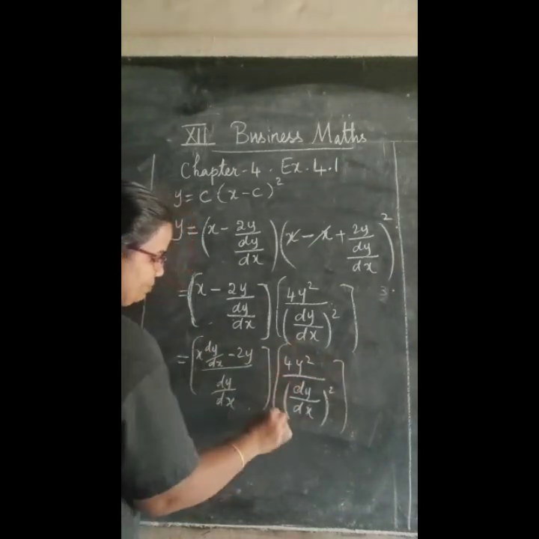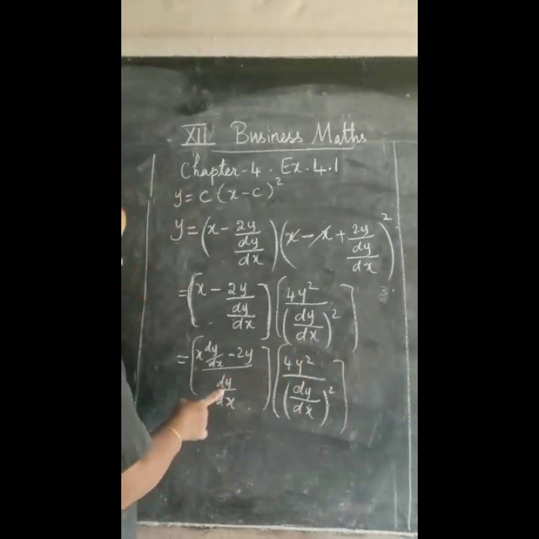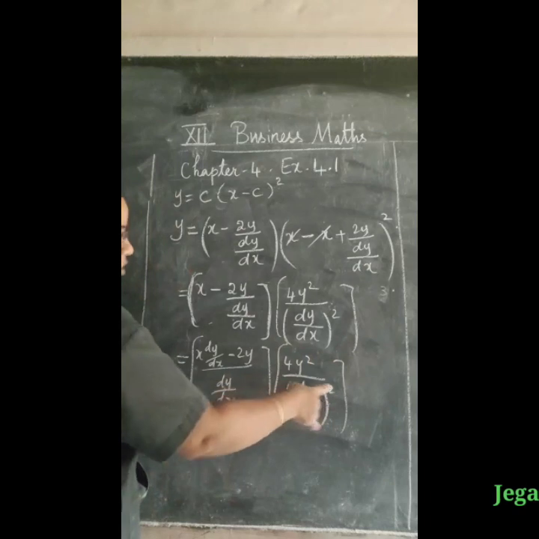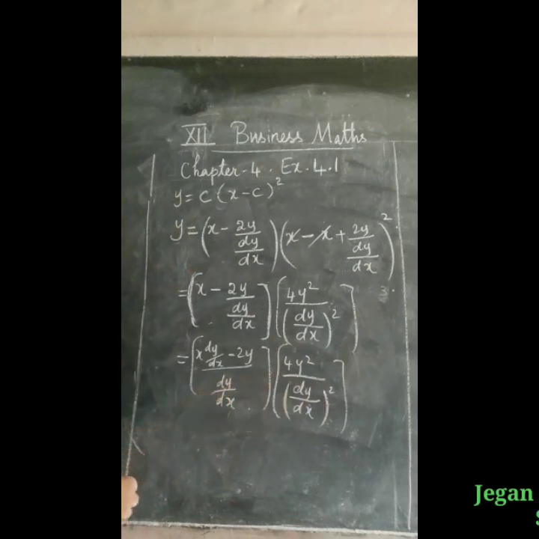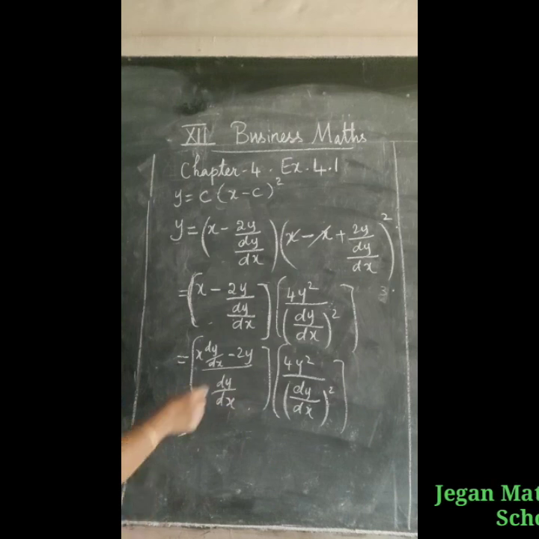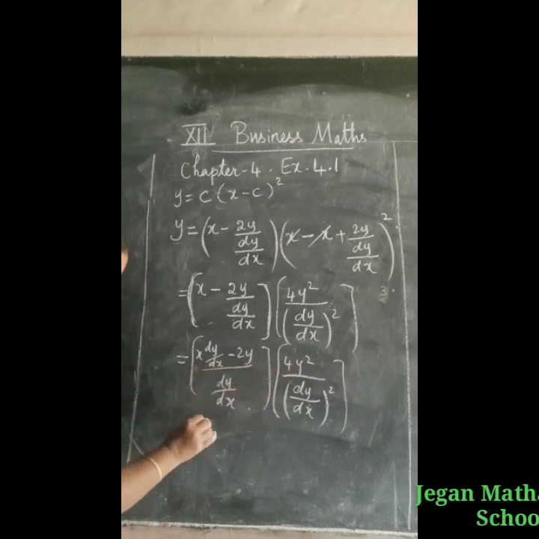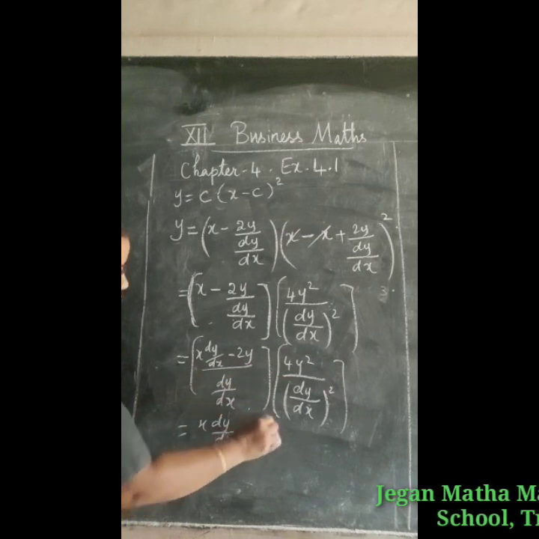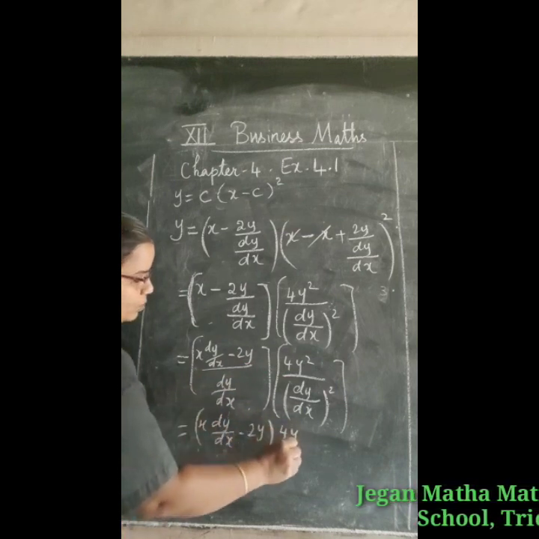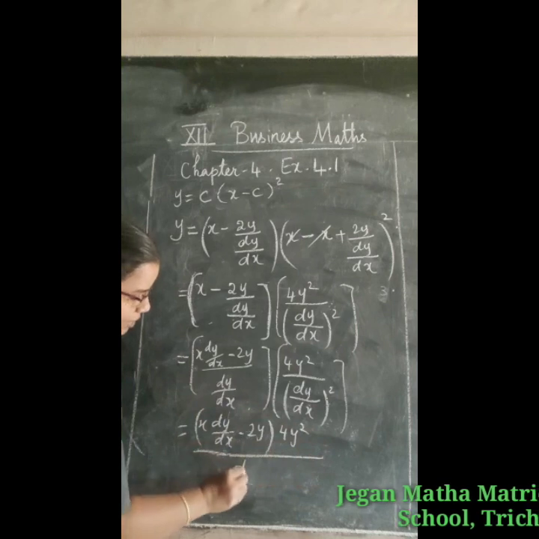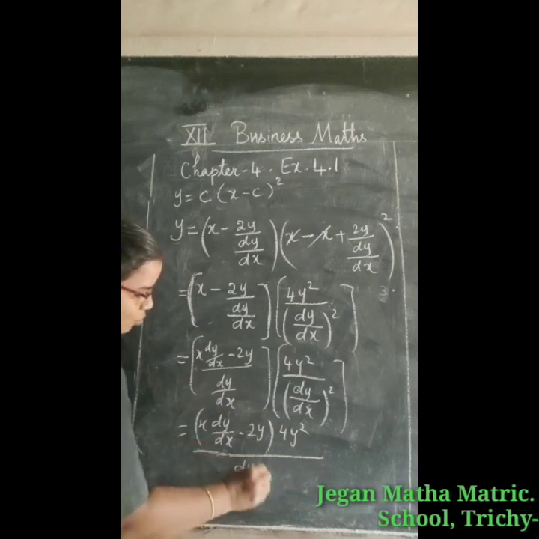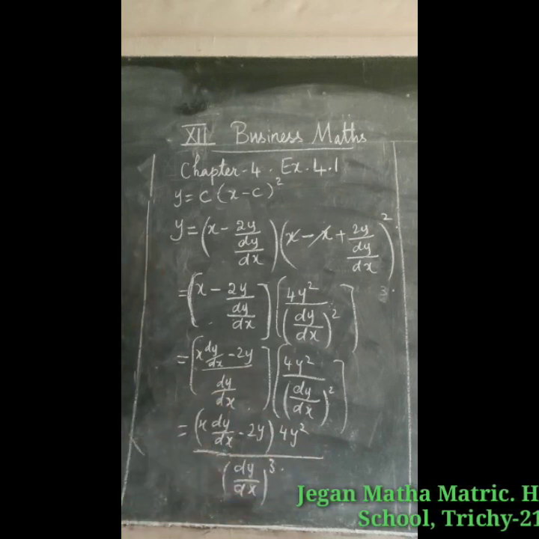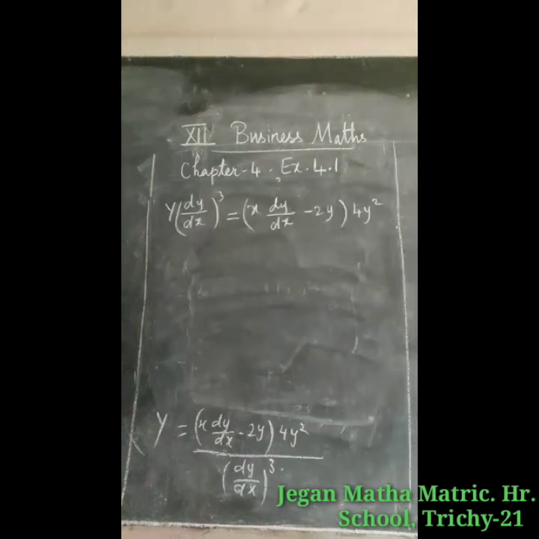If we multiply these two terms we get dy by dx the whole cube, because both denominators are the same. When the base is the same and we multiply, the powers should be added.